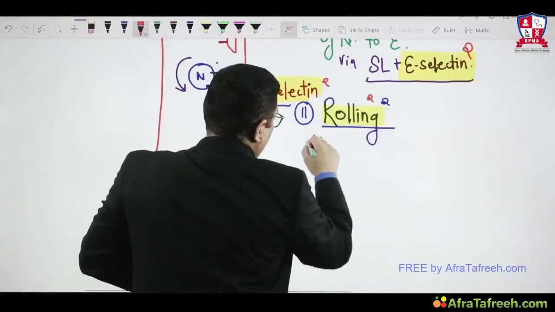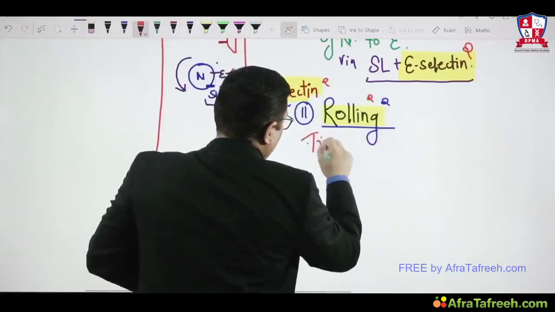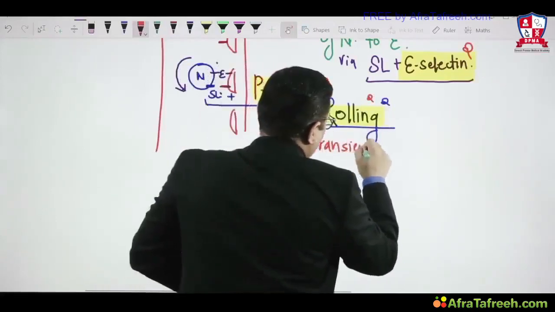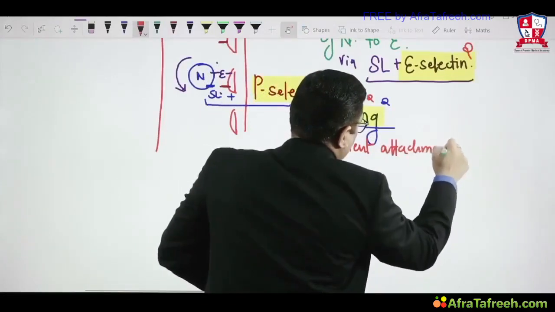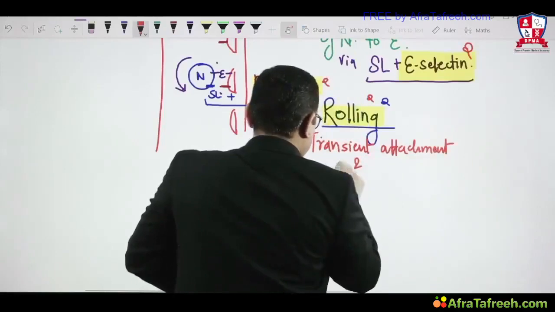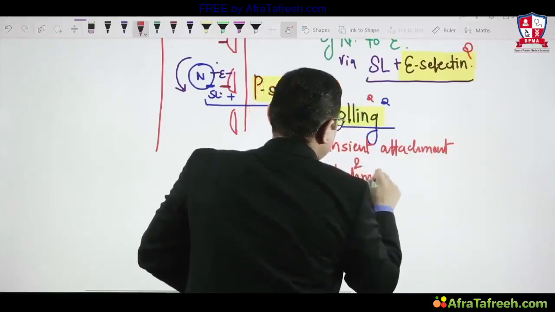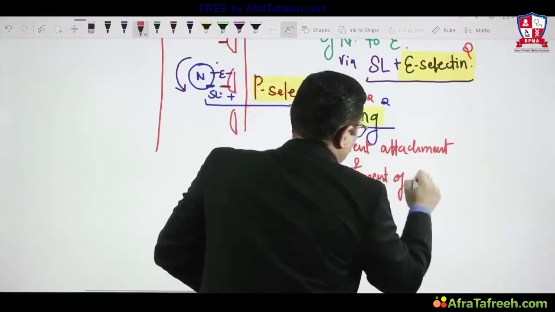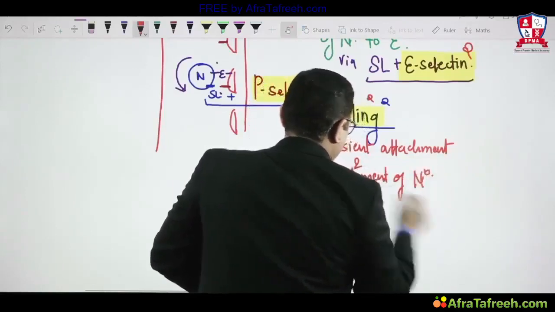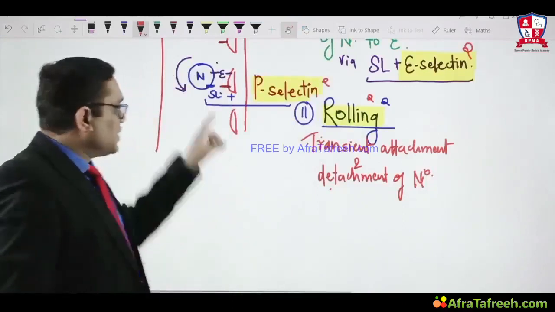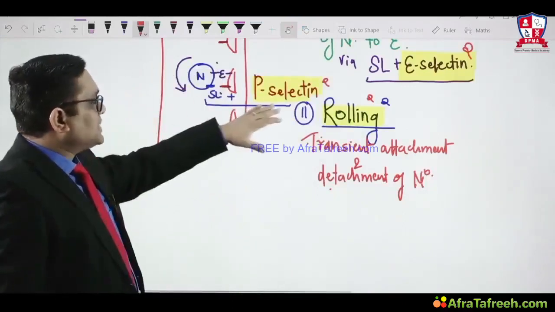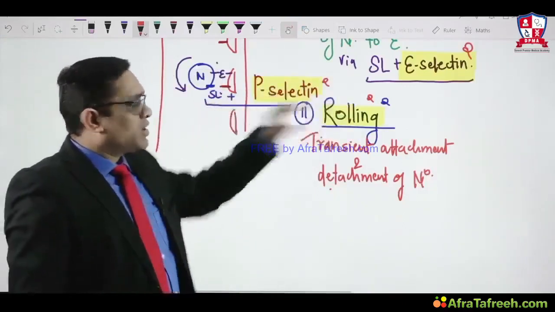So it is the tumbling movement which is because of transient attachment and detachment of neutrophil to the endothelium with the help of the P-selectin molecule, and this will be responsible for rolling.